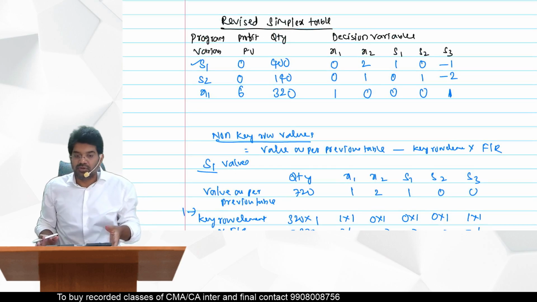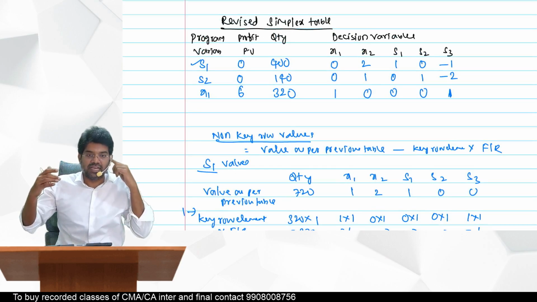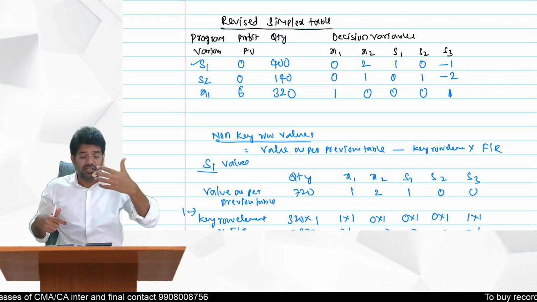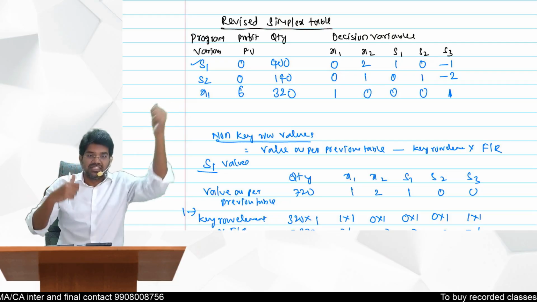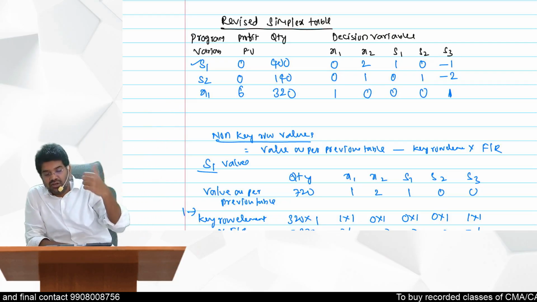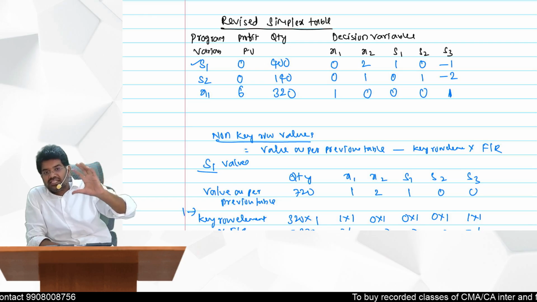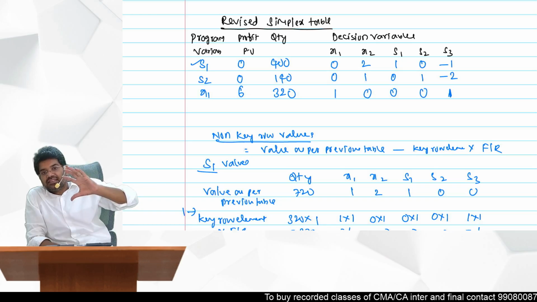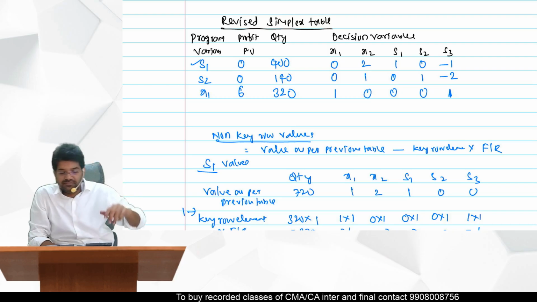Okay, now same procedure will follow. Again, replacement ratio we will calculate. Okay, before replacement ratio, first what we should do? Z value first we should take, that is objective coefficients, then C value, then NER again we will calculate. NER, all elements should be less than or equal to 0, then optimal solution is achieved.